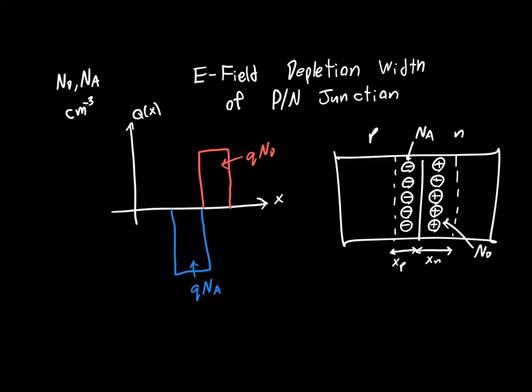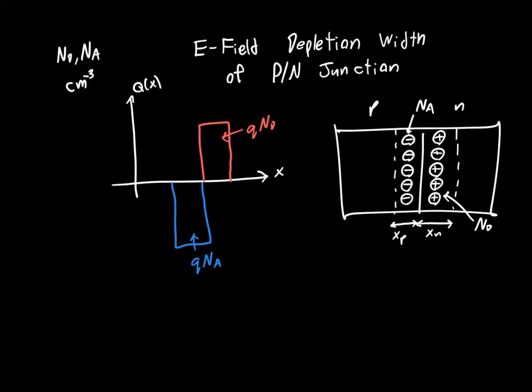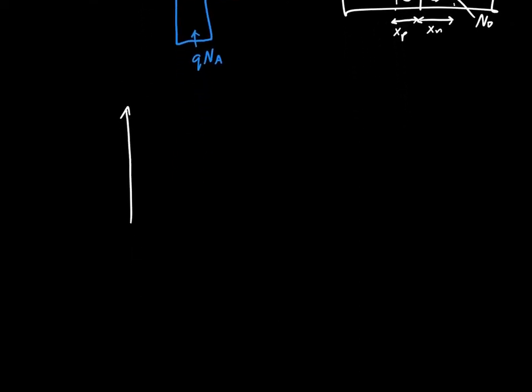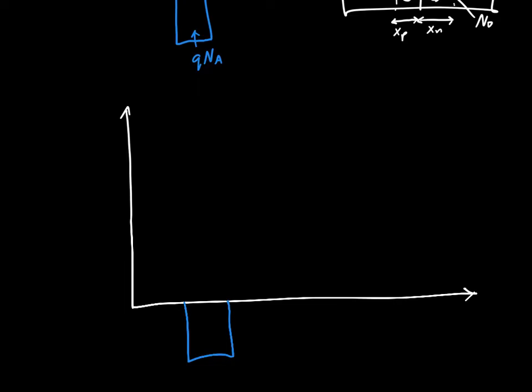And so now to actually find the electric field and the depletion width, we're going to cheat a little bit. We're going to essentially do things one at a time. So we're going to start with the negative charge, which is going to be here, minus Q times Na, that's the charge density. We know that the electric field should look like this, right?